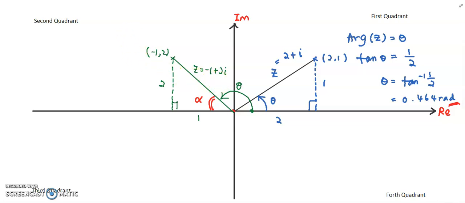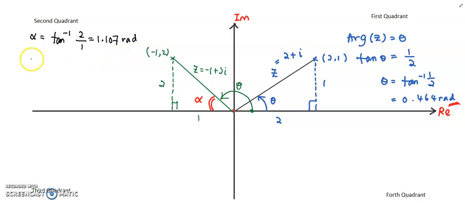So now let's start to find the alpha first. We know that alpha is arctan of 2 over 1, so we get 1.107 radian.